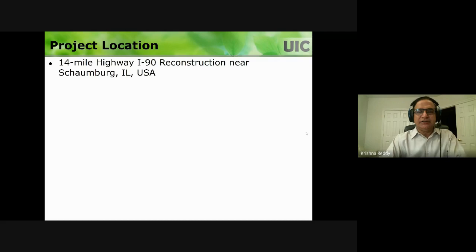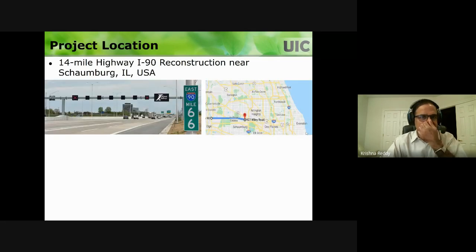So this project is just in the suburbs of Chicago. It's highway I-90. I stands for interstate. It's a reconstruction project. It's a 14-mile stretch. They reconstructed it. This is how the highway looks.